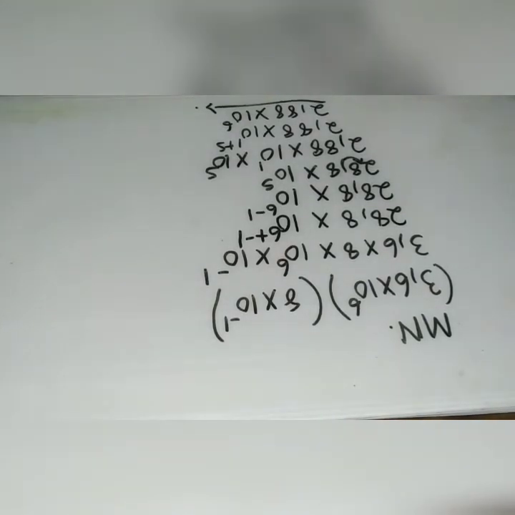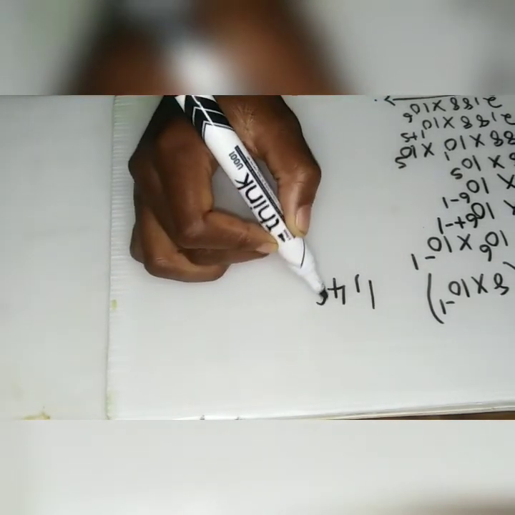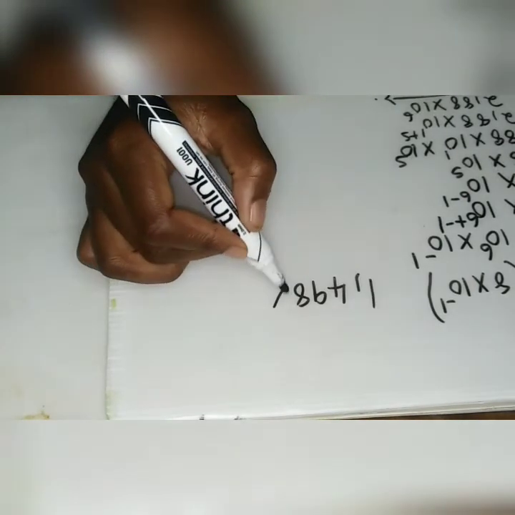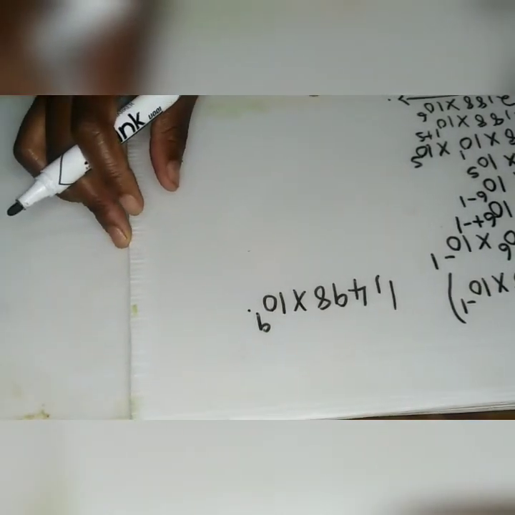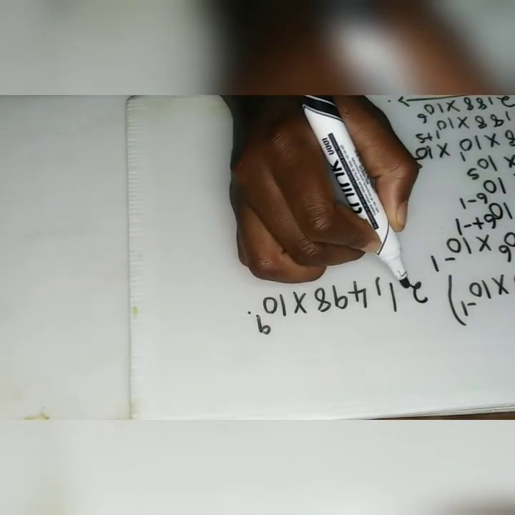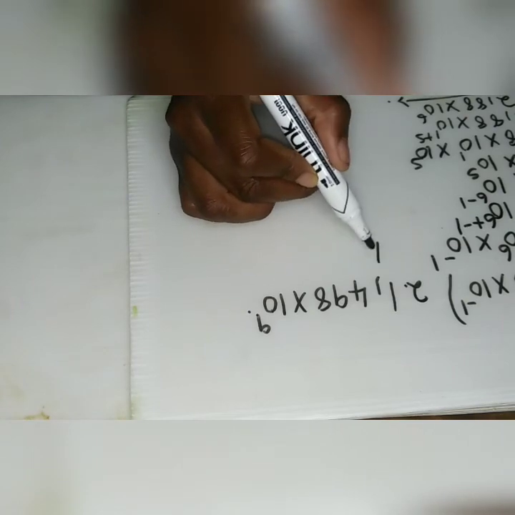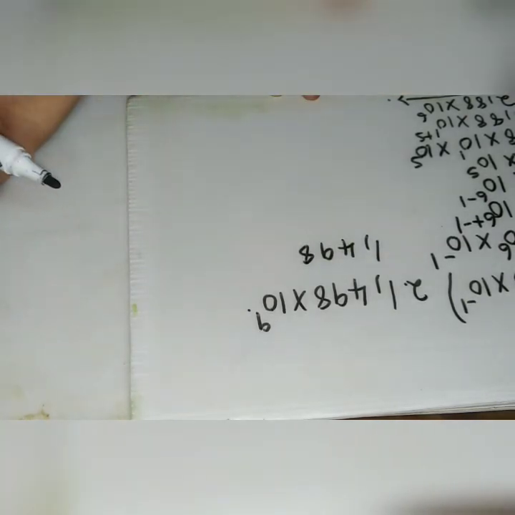Now number 2, it's very, very easy as well. For number 2, they simply gave us 1,498 times 10 to the power 9. And they said write this number in ordinary form. So how are we going to do that? That's for question 2. So you write your 1,498 like that, and then you move 9 steps towards the right.